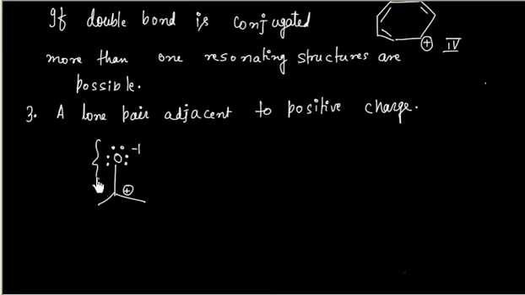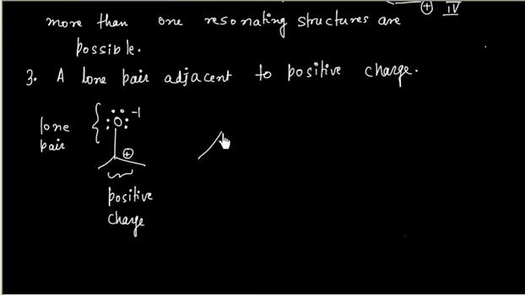So I have a lone pair here and a positive charge. So first we have to look at the pattern, lone pair adjacent to positive charge. Similarly, I can have this pattern. I have a lone pair and I have a positive charge.